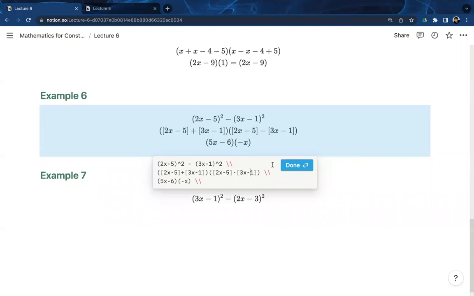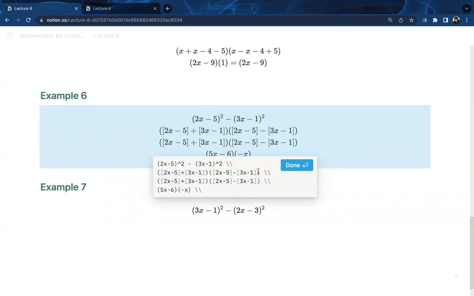So I could rewrite the question for you all to see it here. Remove the square brackets. This 3x becomes negative 3x, and this minus 1 becomes plus 1.